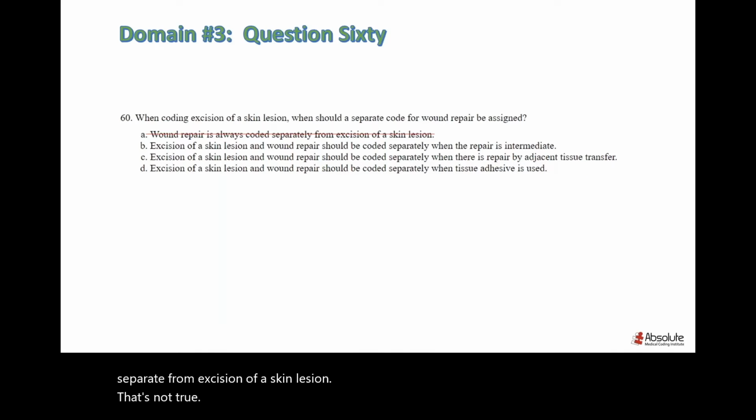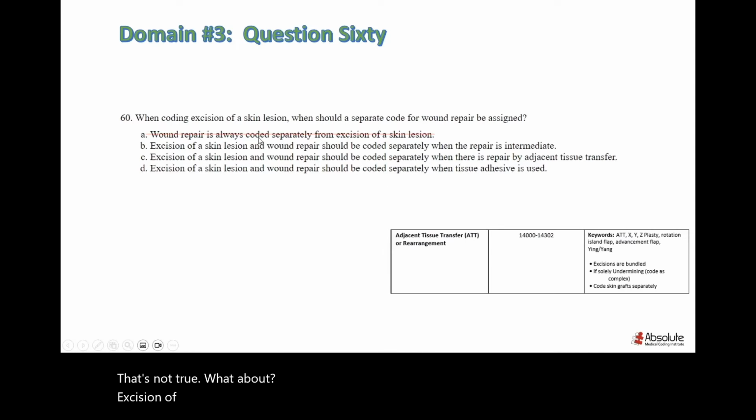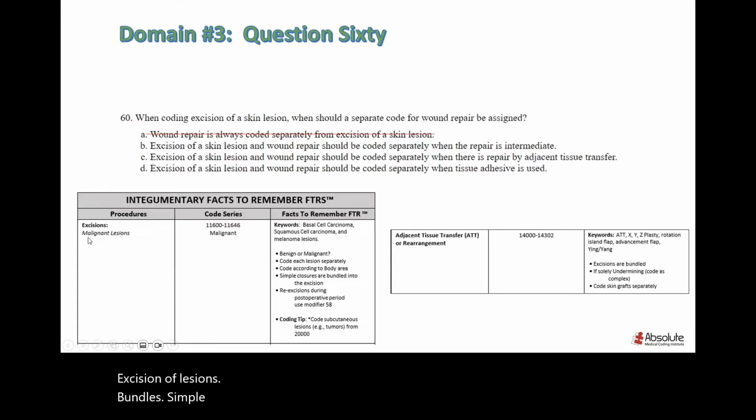What about excision of lesions? They bundle simple repair, right? If you go to excisions, right? And these are your guidelines, right? It says simple, I'm sorry.